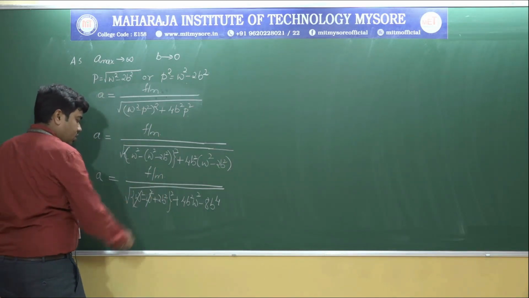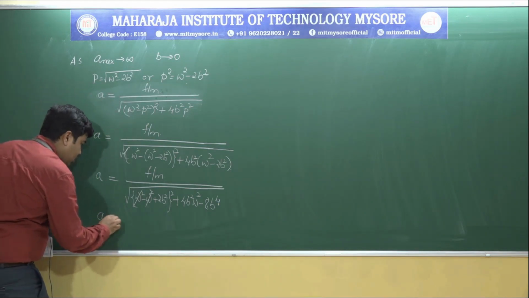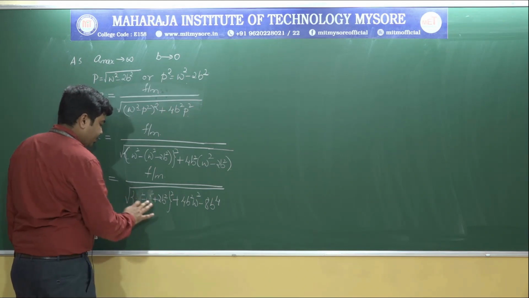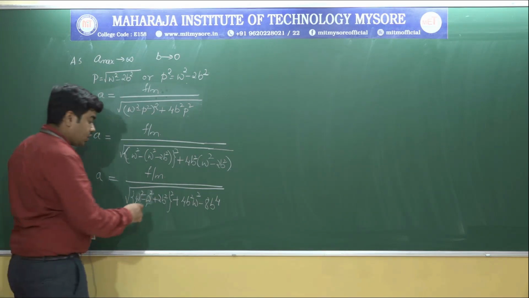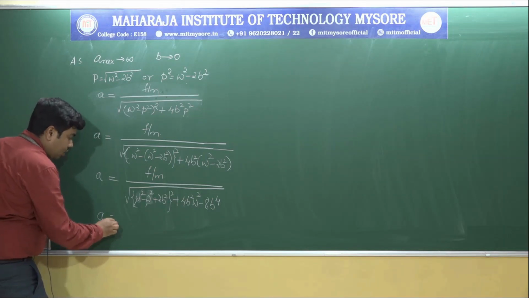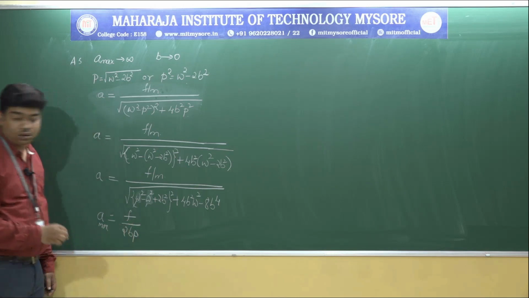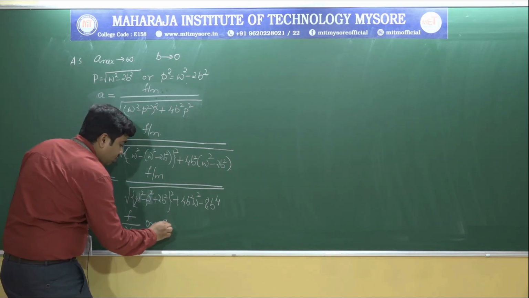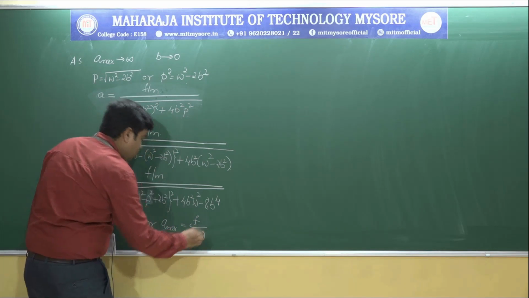So, this omega square gets cancelled, and finally, simplifying this equation, we will get the maximum amplitude A max is equal to F by 2b p, or you can write A max is equal to F by 2b omega.